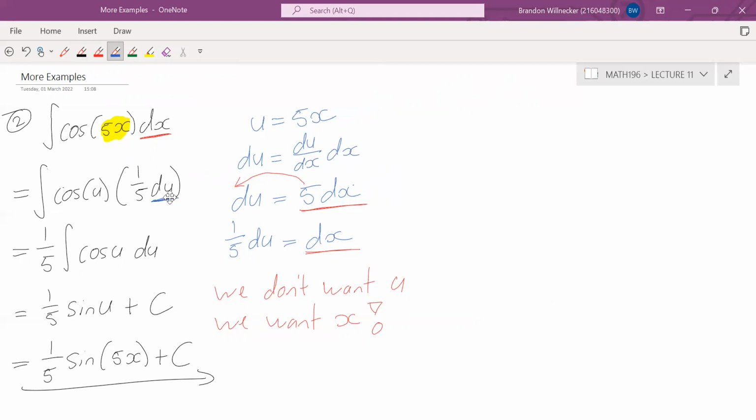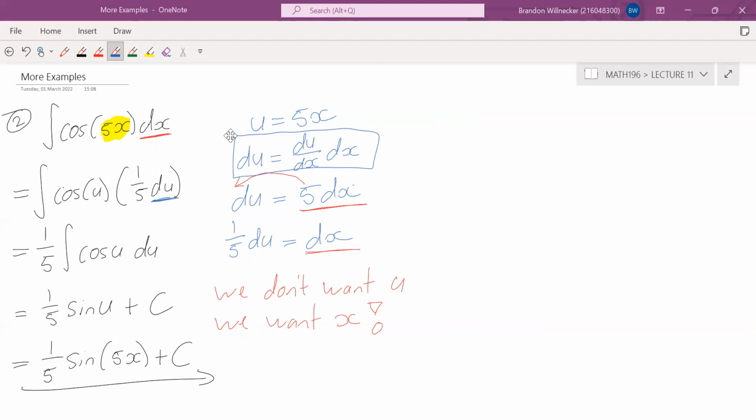Well, we are given the function u is equal to 5x. We then use this formula here to find du. du is equal to du by dx times dx. du by dx in this case is the derivative of 5x. That's going to be 5.